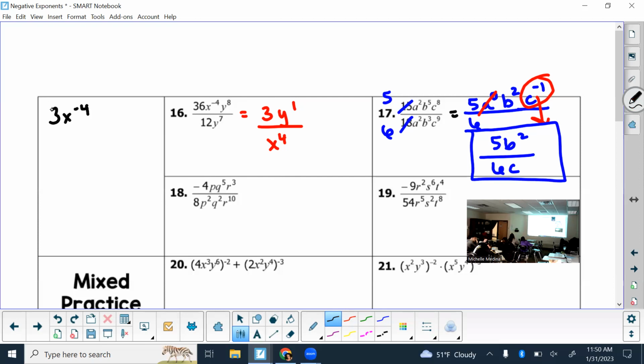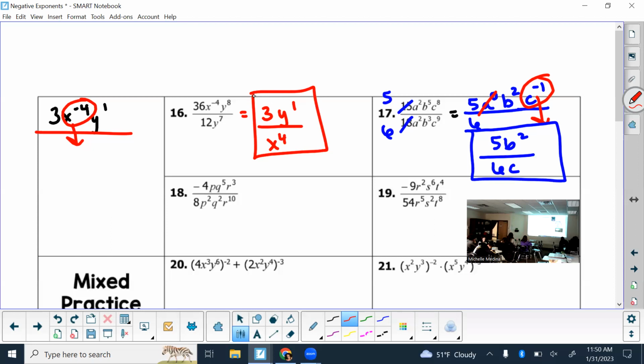And then y to the 8 minus 7 is 1. Only move the stuff with the negative exponent, so just the x moves. If it's not over a fraction bar, put 1 there, and that's what you get. No, you do not need to write the 1, but I won't count it against you. So question?